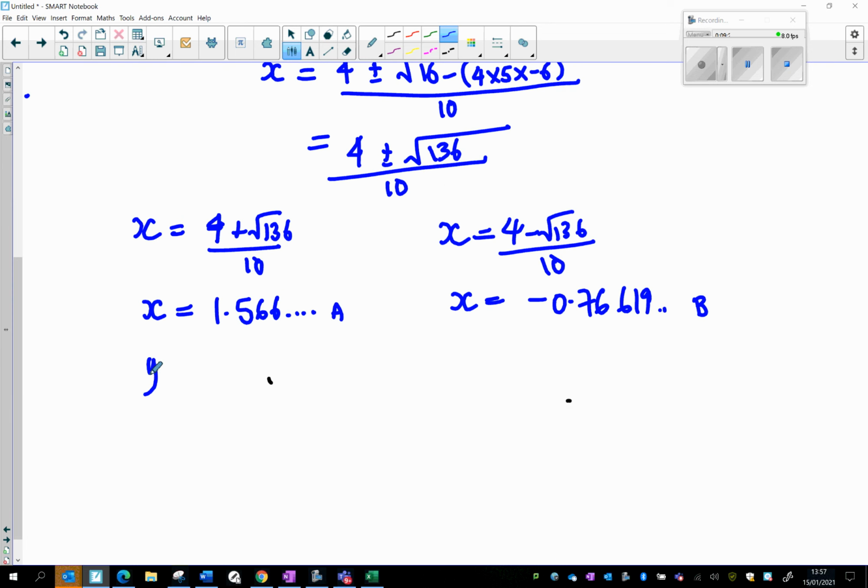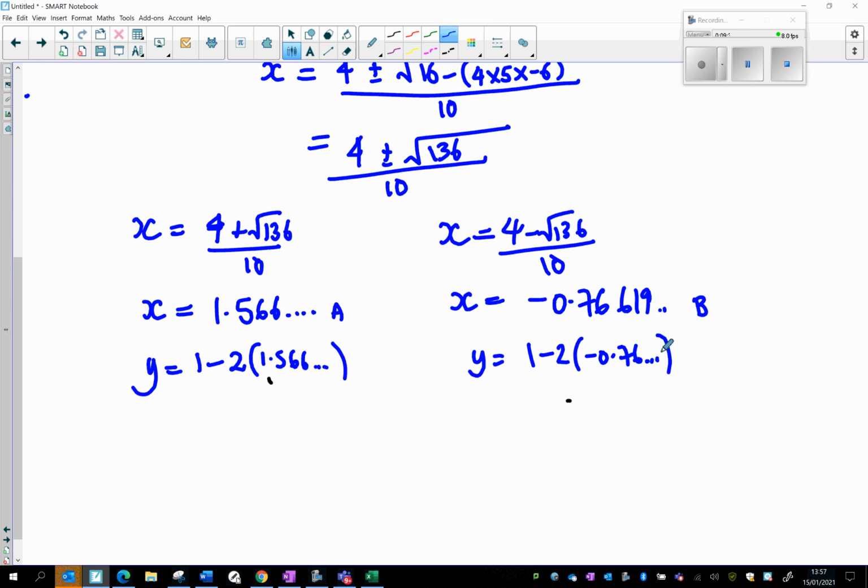So y is going to be 1 minus 2 lots of, you can use your memory now on your calculator, so it comes out as that, and over here y is going to be 1 minus 2 lots of the minus 0.76619.